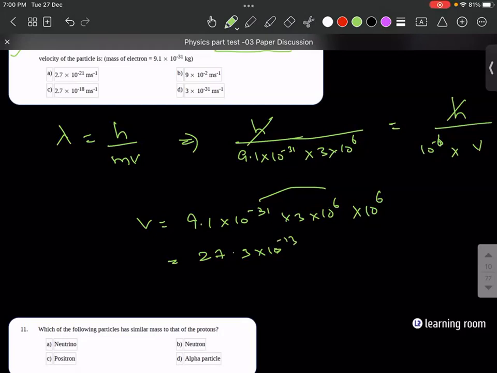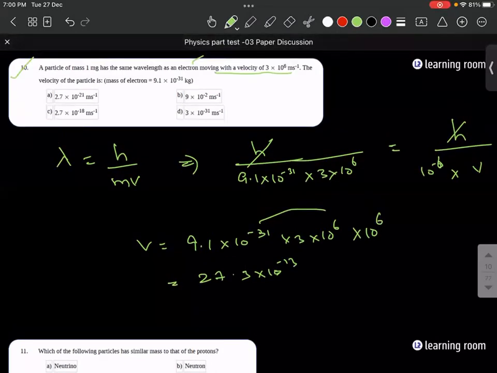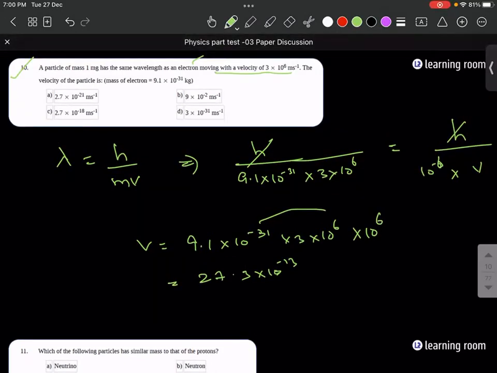Sir, can you show the question? The velocity. Sir, I'm getting option C. Option C is correct, but I'm just checking if there is any calculation mistake in what I wrote. 9.1 into 10 power minus 31 into 3 into 10 power 6.